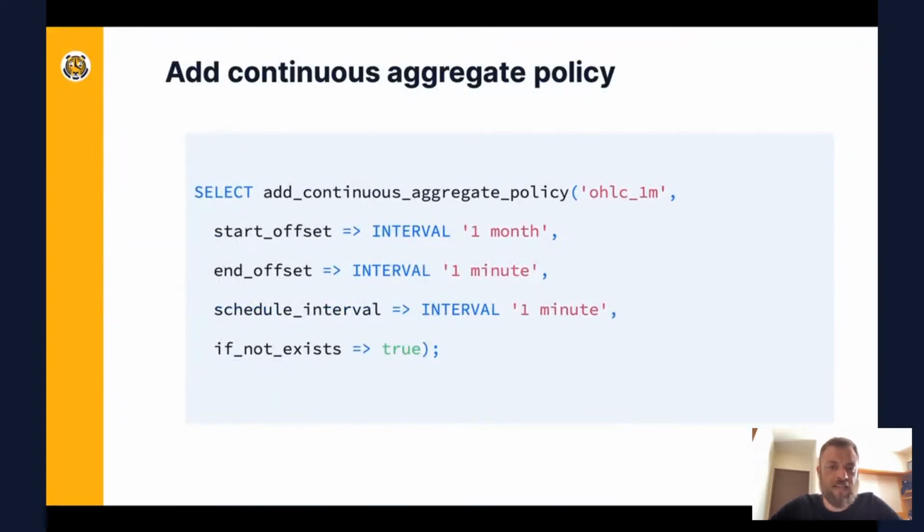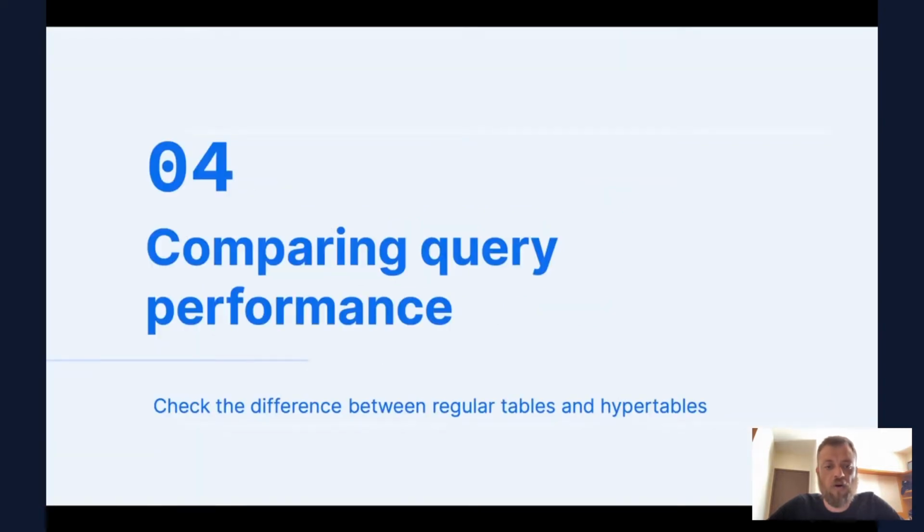So this is the basics of what we have done here. And now let's go and check it in action and understand how it works, and especially understand this data and how this stream is working. The first thing that we are going to go over is comparing the query performance.